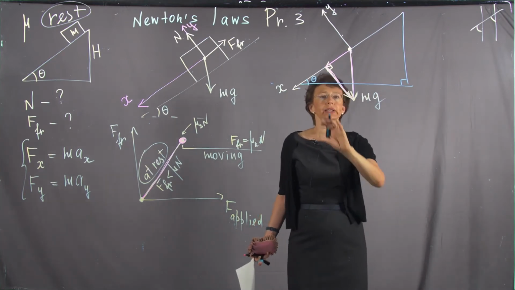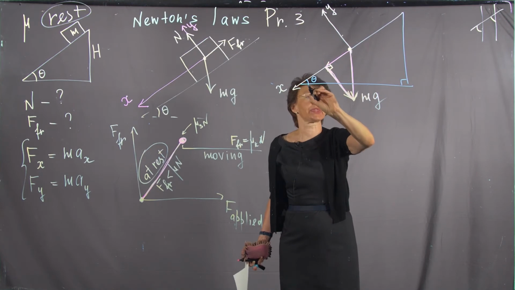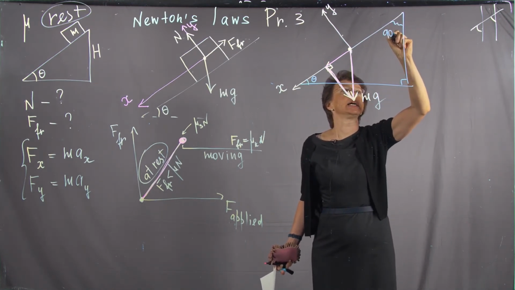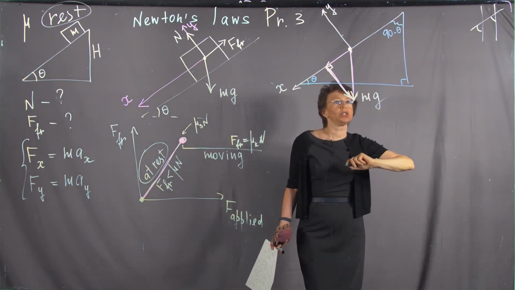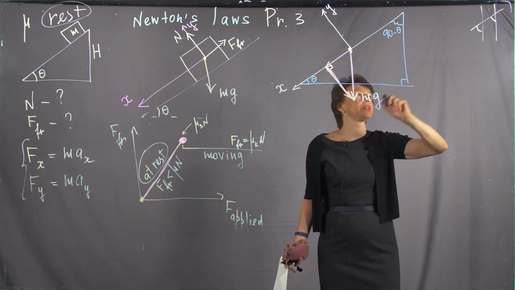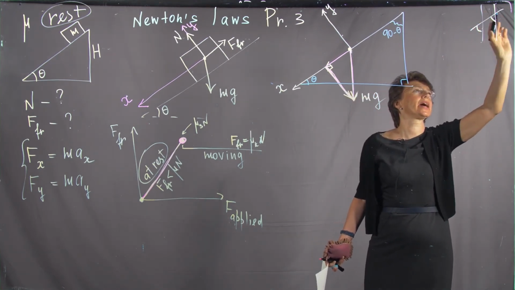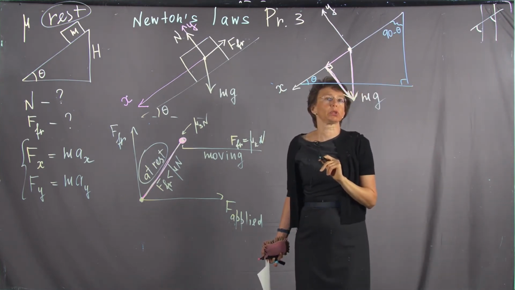Now, if I look at this blue triangle, if this is theta, this is 90, then this angle is 90 minus theta. Now we know from geometry that if I have two parallel lines and they are crossed by the third line, then these two angles are equal to each other.